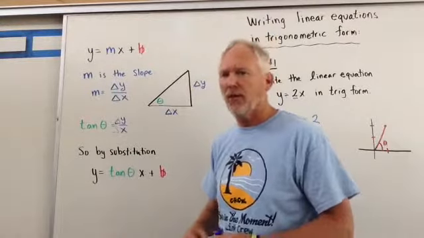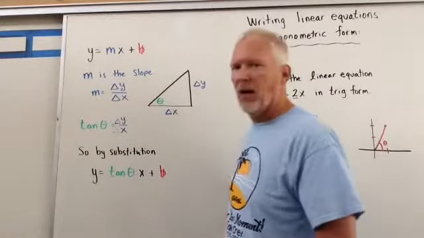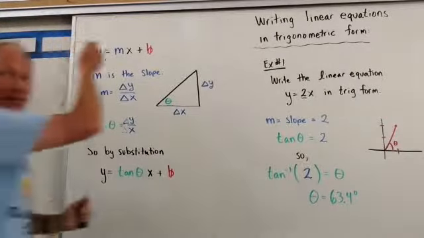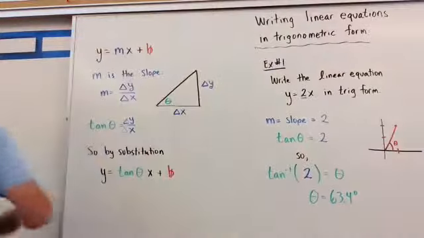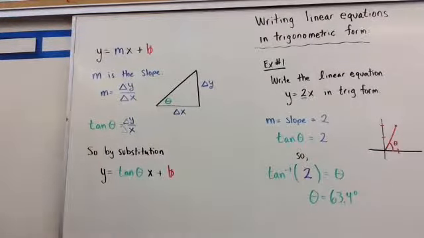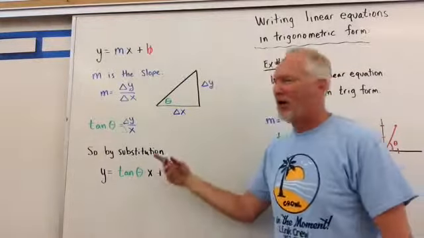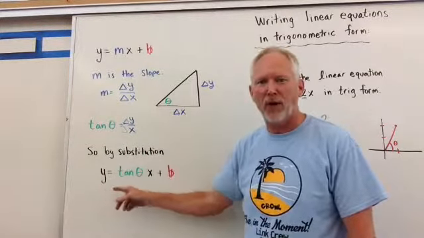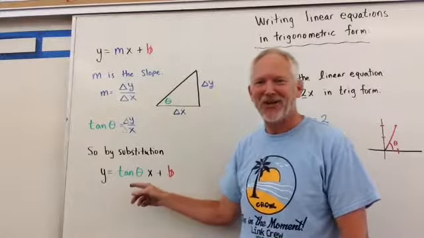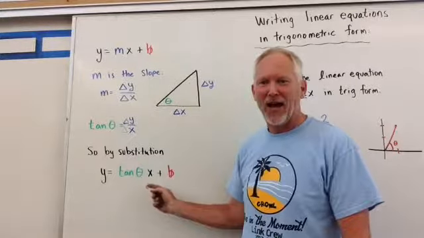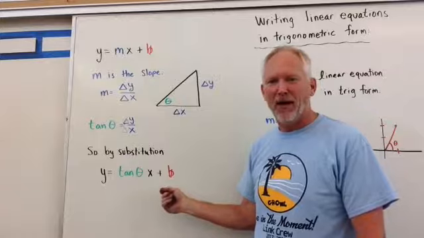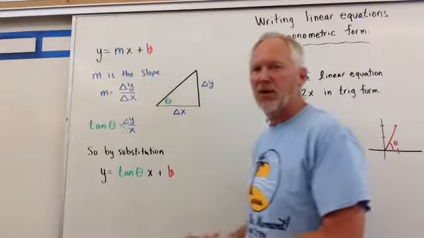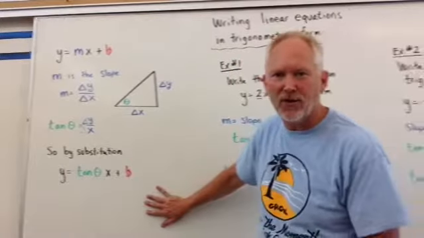And we're back. Okay, so the change in y over the change in x. So by substitution then we can rewrite our function as the tangent of theta times x plus some b, or y-intercept.